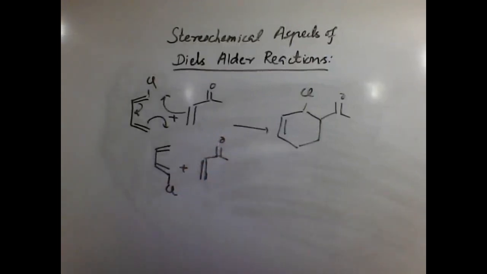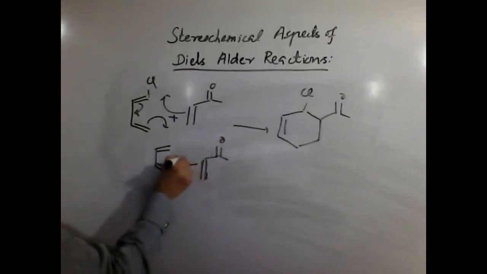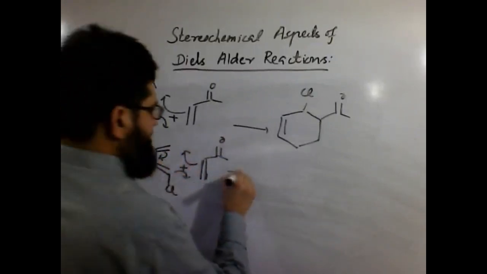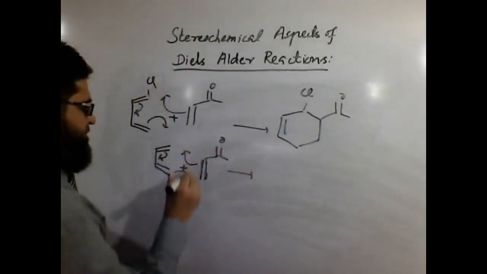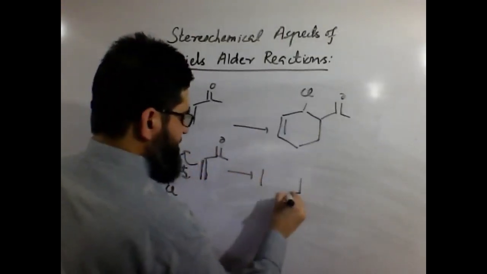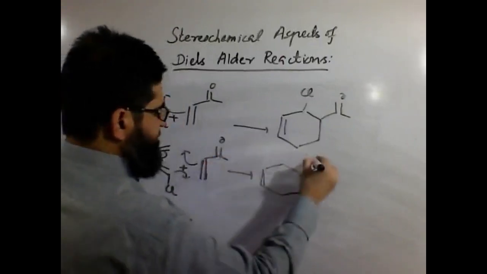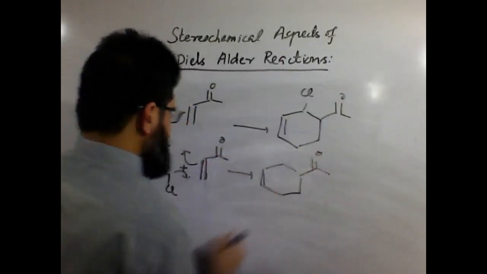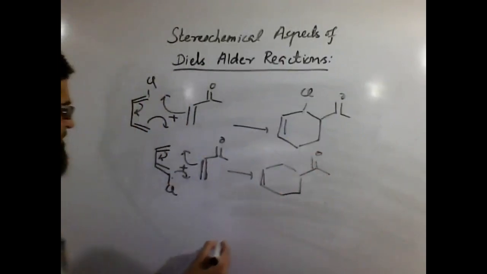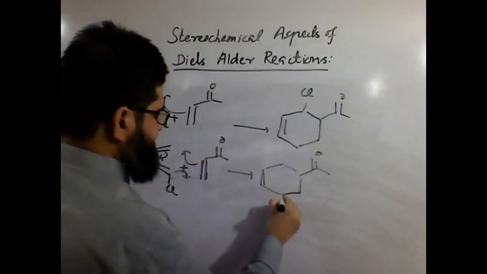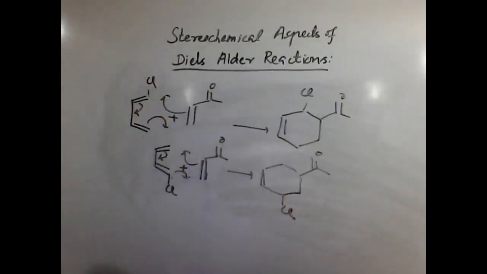Again, this goes this way, this goes this way. So what will be the product? It remains on the same side, it comes over on the carbon number over here, on this side.